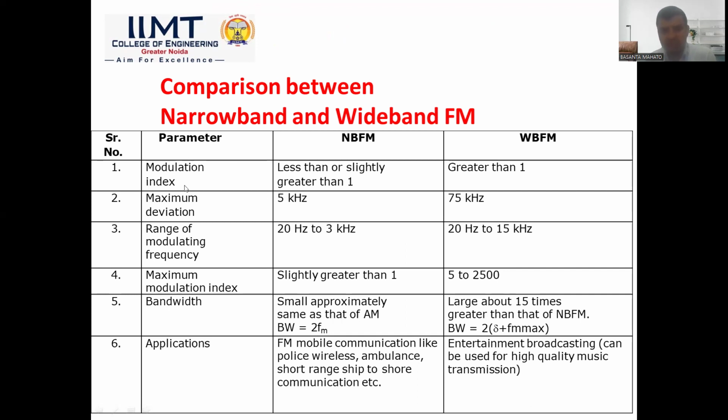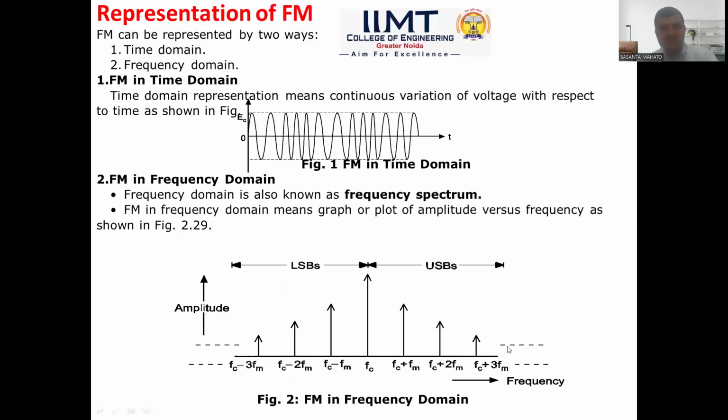What are the parameters? Modulation index and maximum deviation: it is less for narrow band, and for wide band it is greater than 1. This is the representation of it in the time domain and the frequency domain.